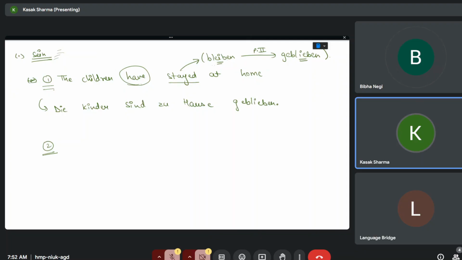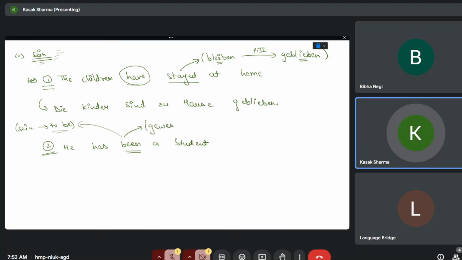Second one. Now, sein's proper meaning is to be, correct? Ich bin, du bist. The proper meaning of this verb is to be. Whenever in your sentence this sense of been is there, like he has been a student, this been is the form of sein, and the sein participle, we know, is gewesen, right?